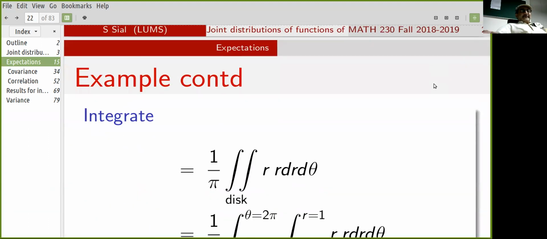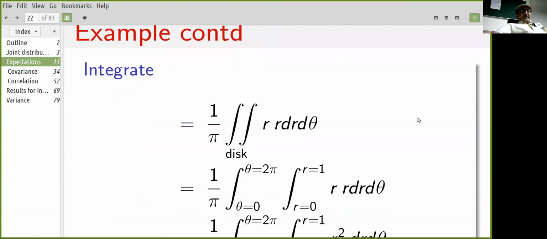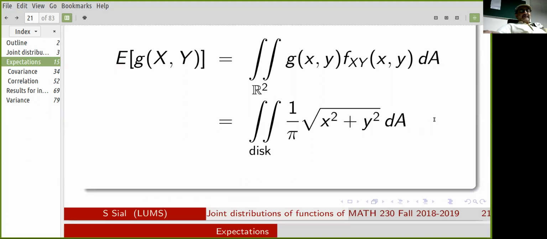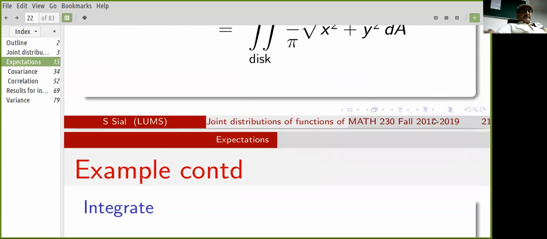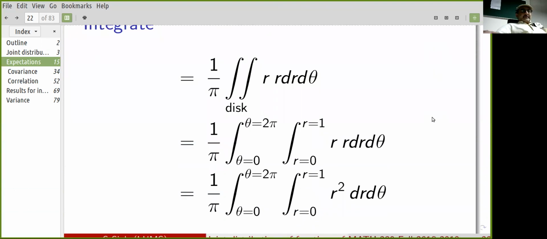Now, if I convert to polar coordinates, root of x squared plus y squared is r. So that's the integral over the disk of r. And what's dA? The area element in polar coordinates is r dr d theta. So that's 1 over pi.